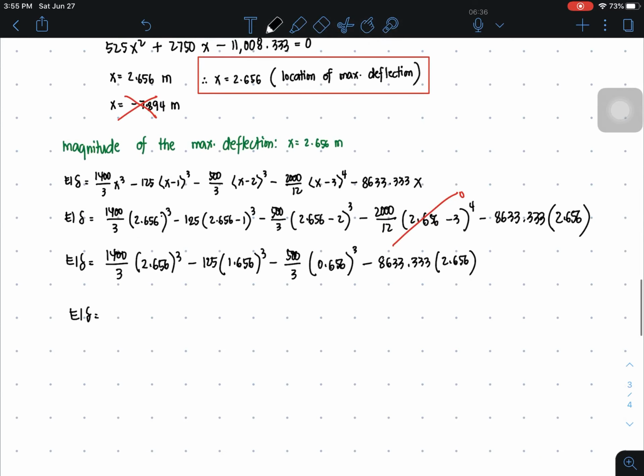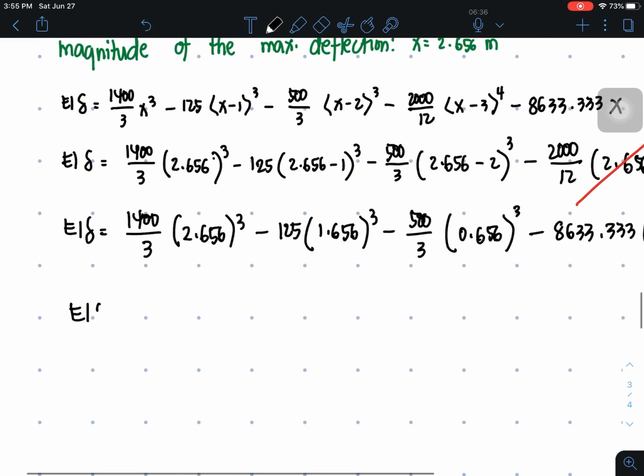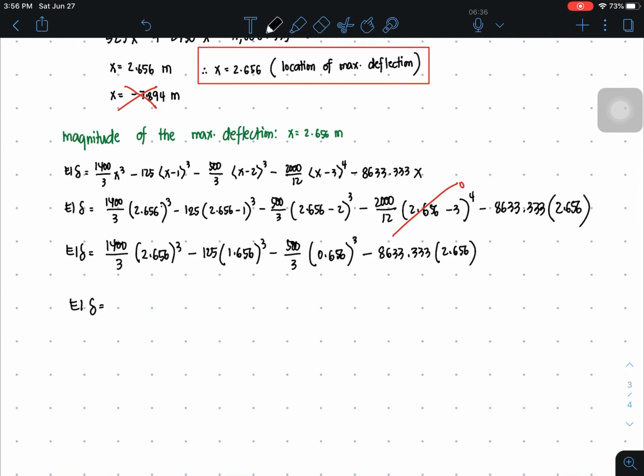So EI deflection is going to be 1400 over 3 times 2.656 cube minus 125 times 1.656 cube minus 500 over 3 times 0.656 cube minus 8633.333 times 2.656. So we're expecting a negative value.